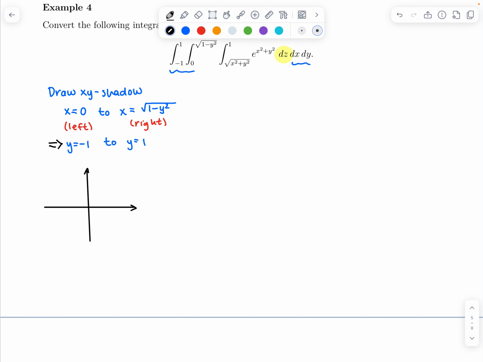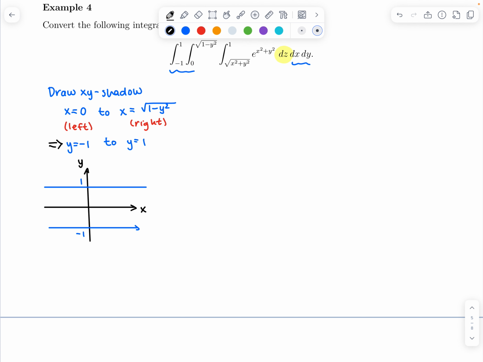It depends on whether or not my window of y values is cutting things down. So I'm going to go ahead and draw guidelines at y equals -1 right here, and at y equals +1 right here. That's just to make sure that whatever I draw for my region sits in this horizontal window.